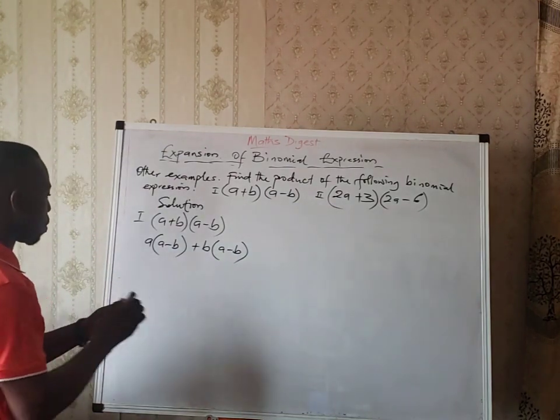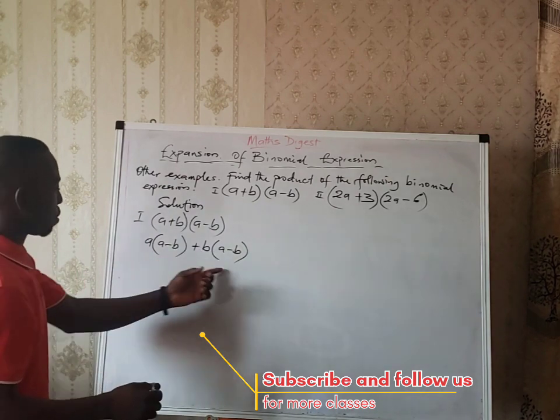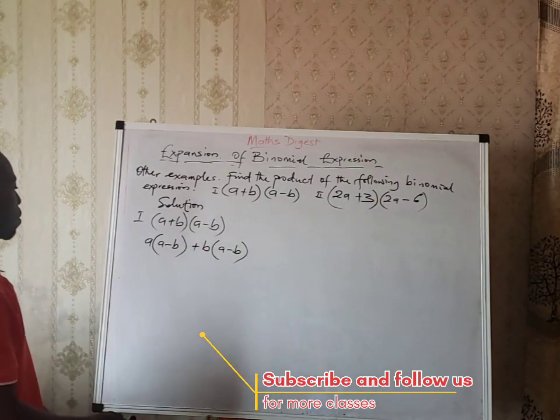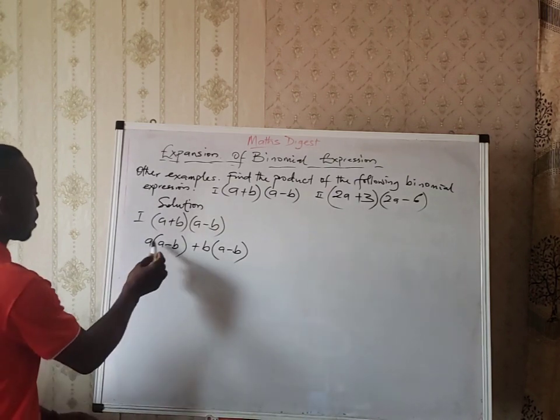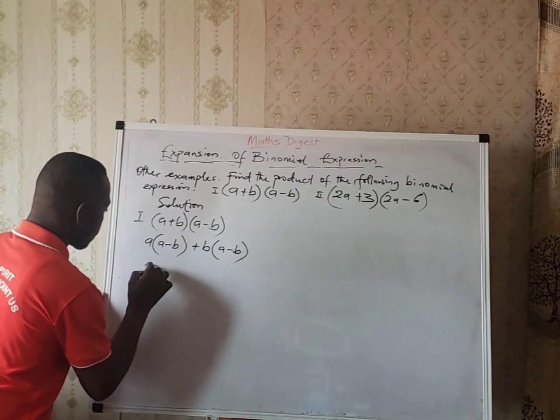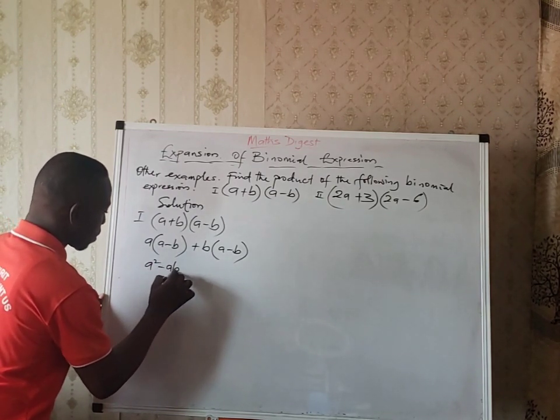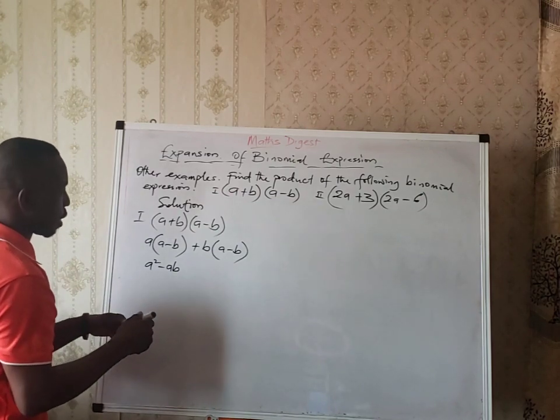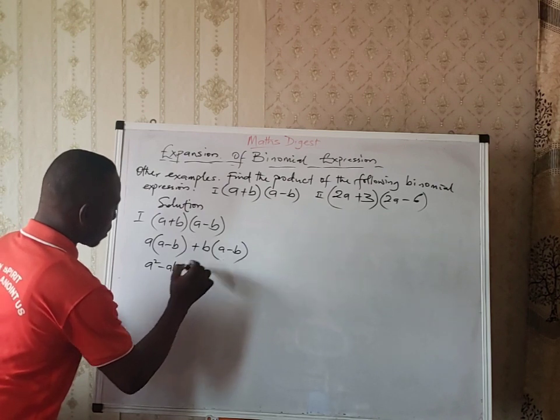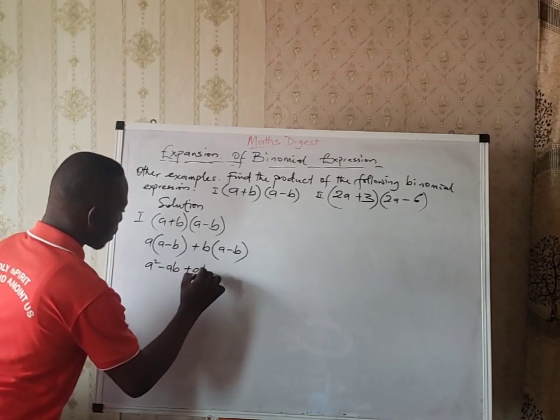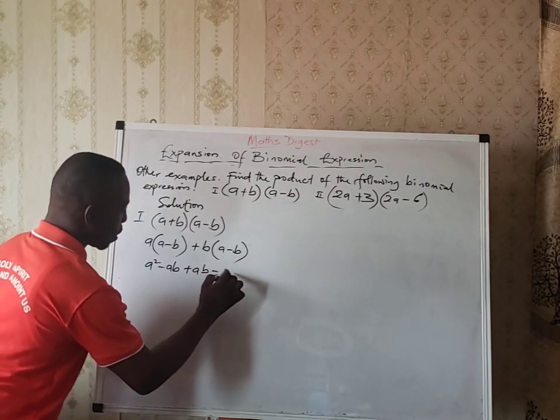The one we have in the first bracket multiplies the second bracket. Now a times a will give you a squared, and a times minus b will give you minus ab. Then we continue from the other side: plus b times a will give you plus ab, and plus b times minus b will give you minus b squared.